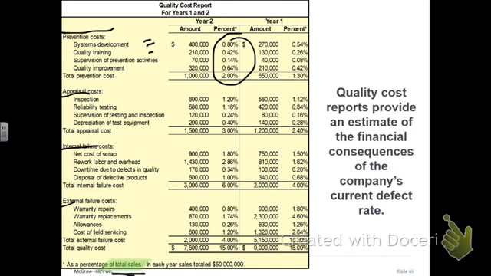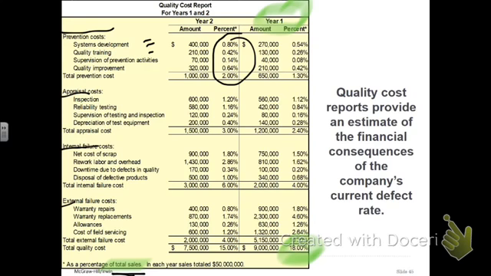Okay, as a percentage of sales. And then they compared year 1 to year 2. And notice what happened in year 1. Total cost of quality was 18%.